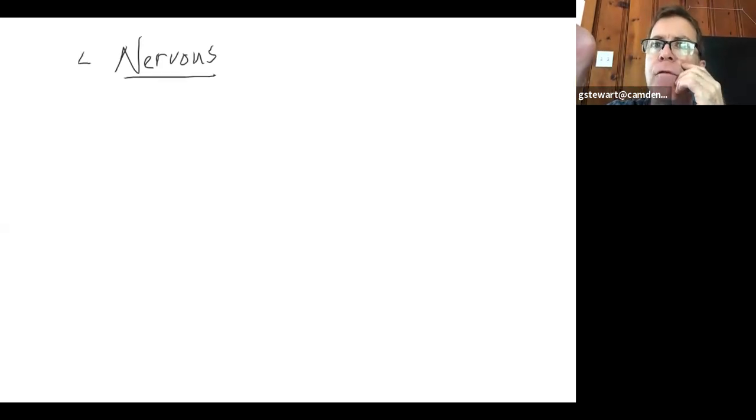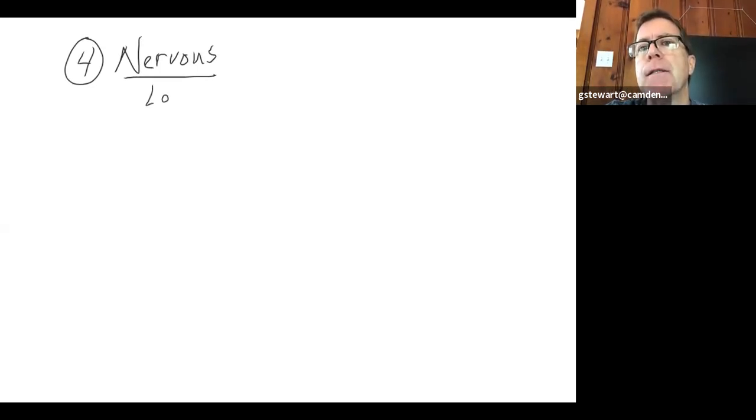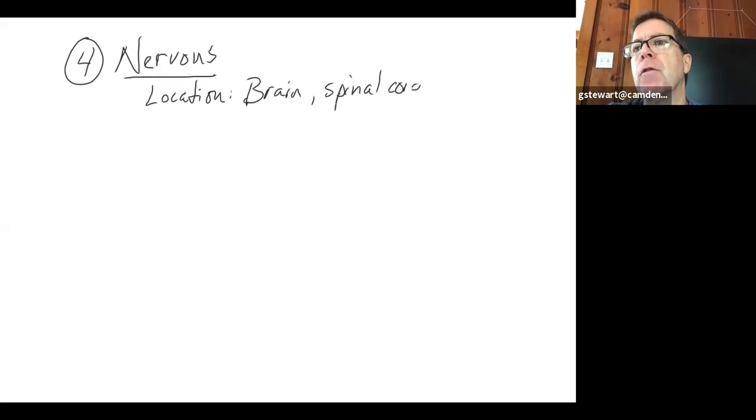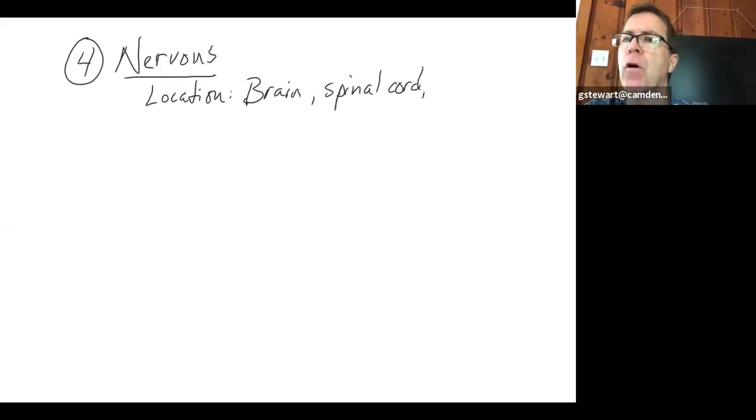So it's a big number 4. Let's stay consistent. The location of this type of tissue is isolated to the brain, spinal cord, and what we call peripheral nerves.